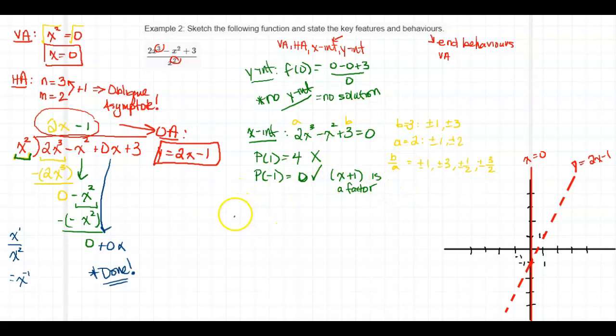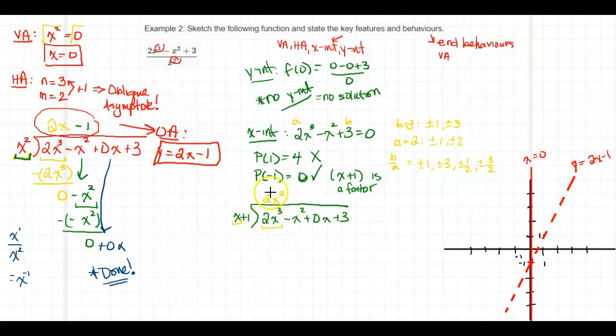I'm going to take that x plus 1 from right here, and we're going to divide it out of this, not forgetting our placeholder. So 2x^3 minus x^2 plus 0x plus 3. And we are going to long divide. So I'm going to compare my x and my 2x cubed. 2x cubed divided by x will leave me with 2x^2.